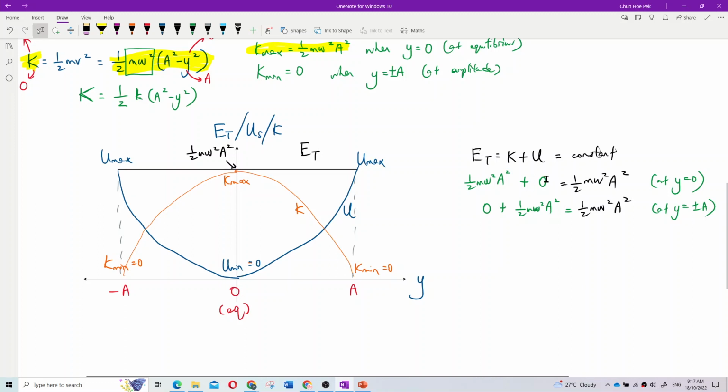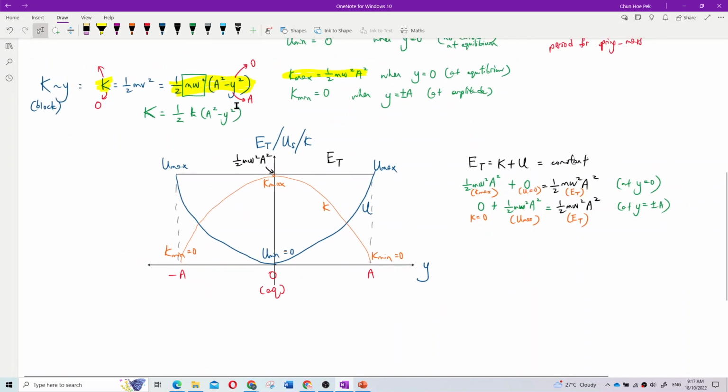See that? This K max is when potential energy is 0. Yeah. U max is when kinetic energy is 0. That's it. And this is the total energy value, half m omega square A square.